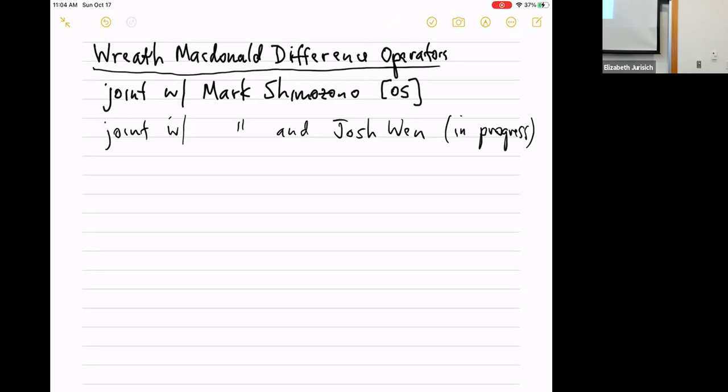And until now, there haven't really been explicit methods to deal with them. They're sort of mysterious objects. So that's the point of these works, is to make things more explicit. So for the talk, I'm going to start with usual Macdonald polynomials for a little bit, and then talk about what we did for Wreath Macdonald polynomials.